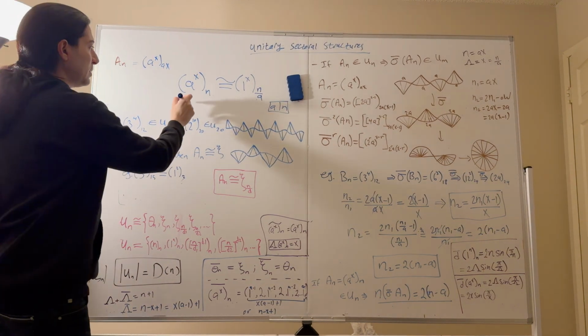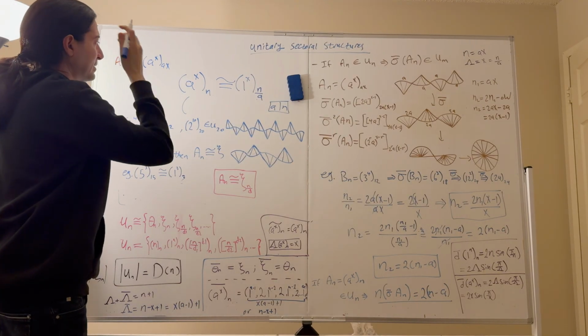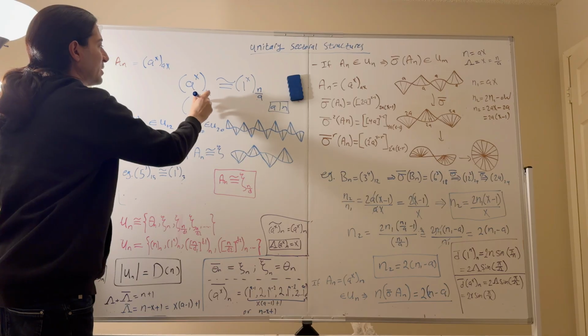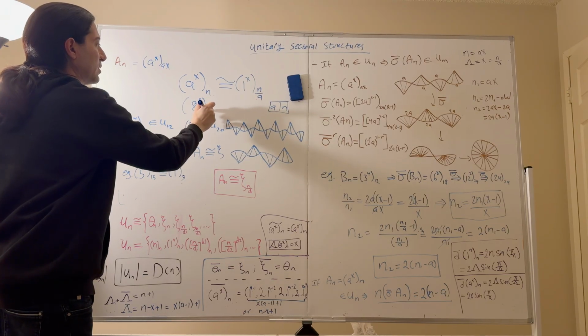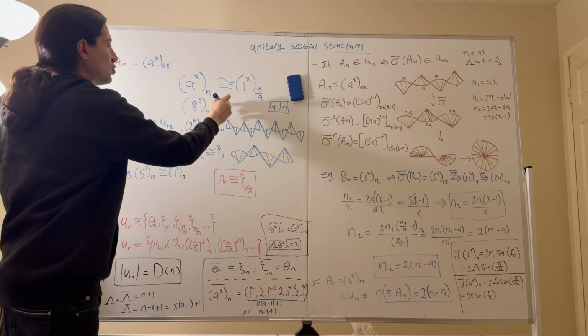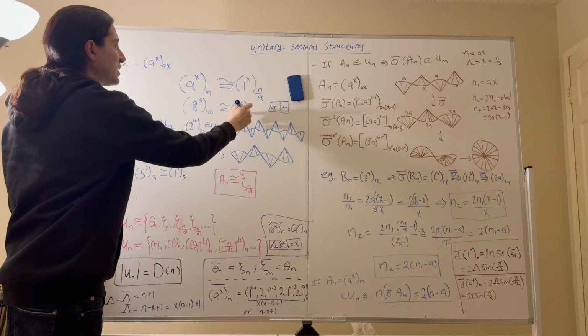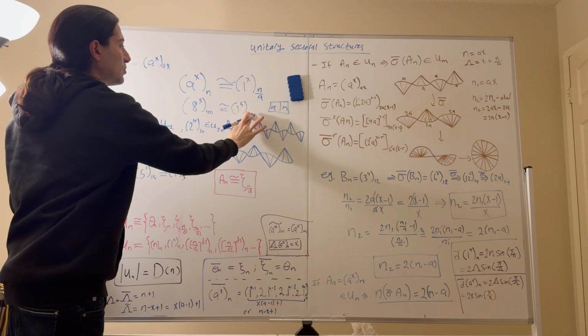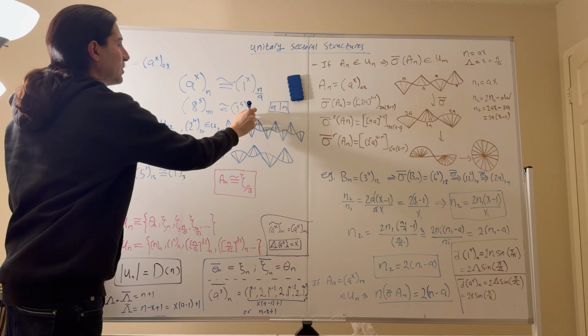For example, we can say that 8 to the 5th subscript 40 is isomorphic to 1 to the 5th subscript 40 divided by 8, which is 5.